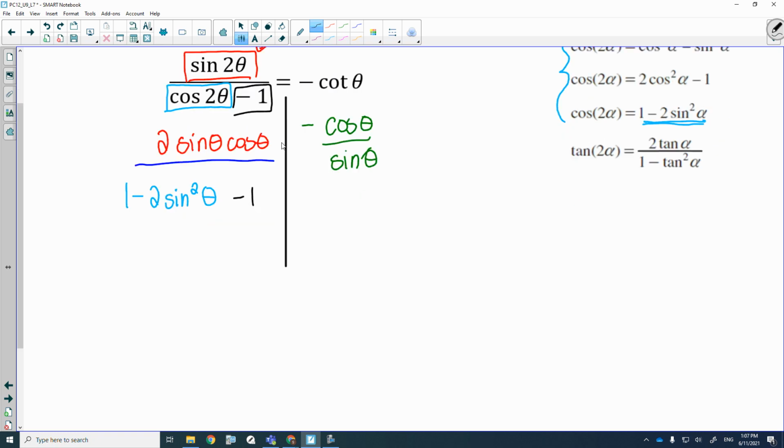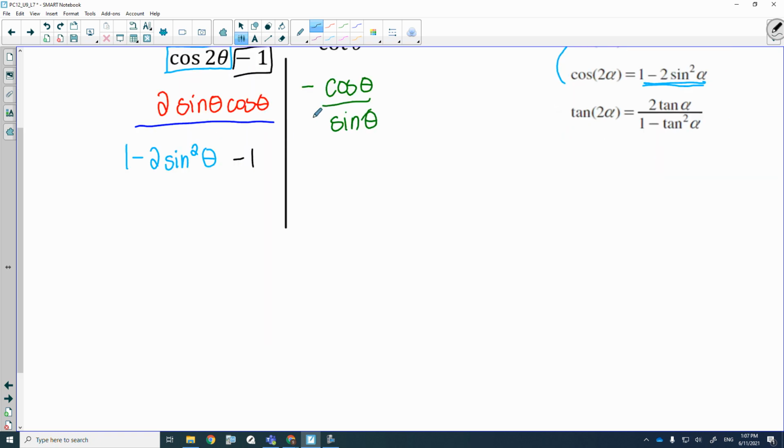Okay, so let's see what happens when we combine like terms, simplify, things like that. Numerator, 2 sine of theta, cos of theta. Denominator, what I hope you can see is you have 1 minus 1, which will cancel. 1 minus 1 is 0, so I'm just going to get rid of that. And I'm going to bring down that negative 2 sine squared of theta.